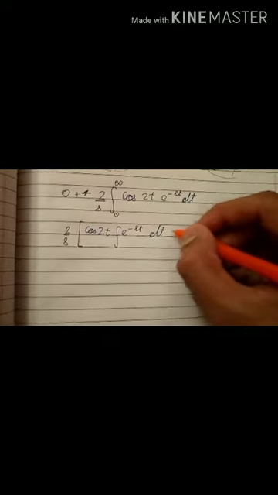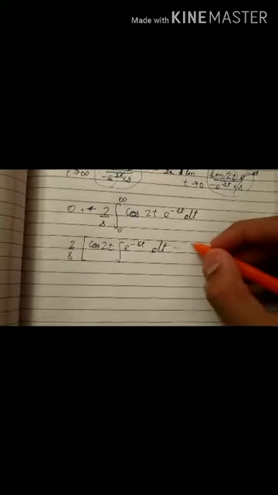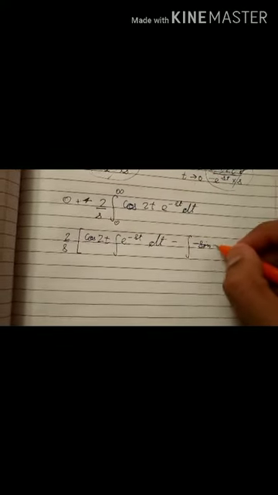Taking 2 by s outside, we again use integration by parts: cos 2t times the integration of e to the power minus st, minus the integral of the differentiation of cos 2t, which is minus 2 sin 2t, times the integration of e raised to the power minus st by minus s, dt.